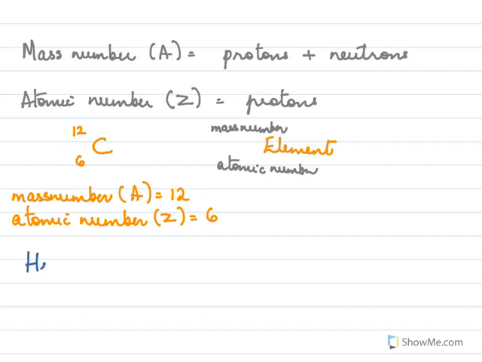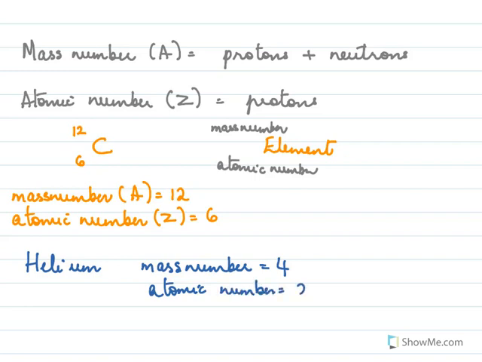Let's take another example like helium. Helium mass number equals 4 and atomic number equals 2. So how will you write helium? You write helium, the mass number you write up, and the atomic number 2 down.